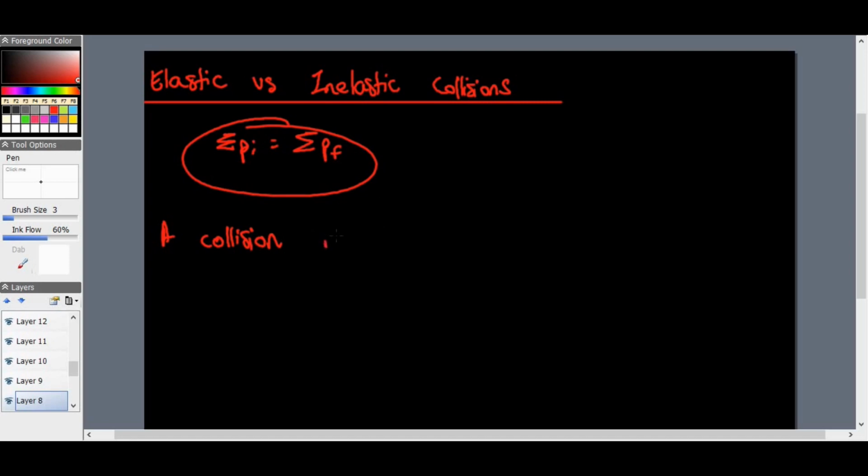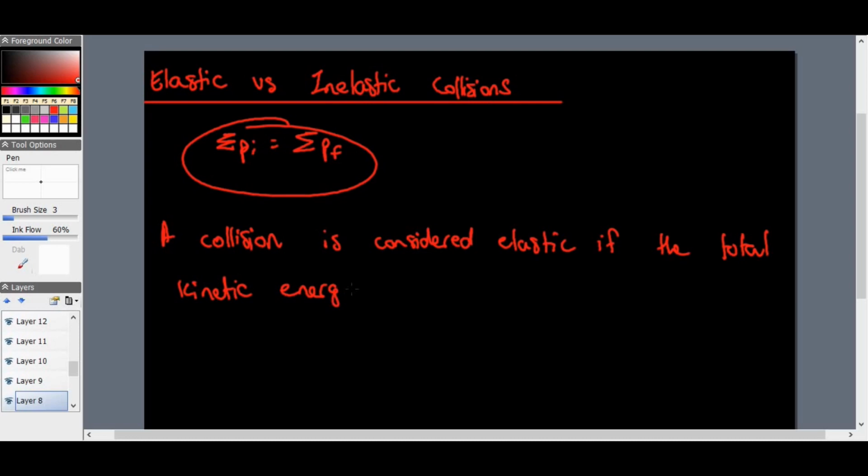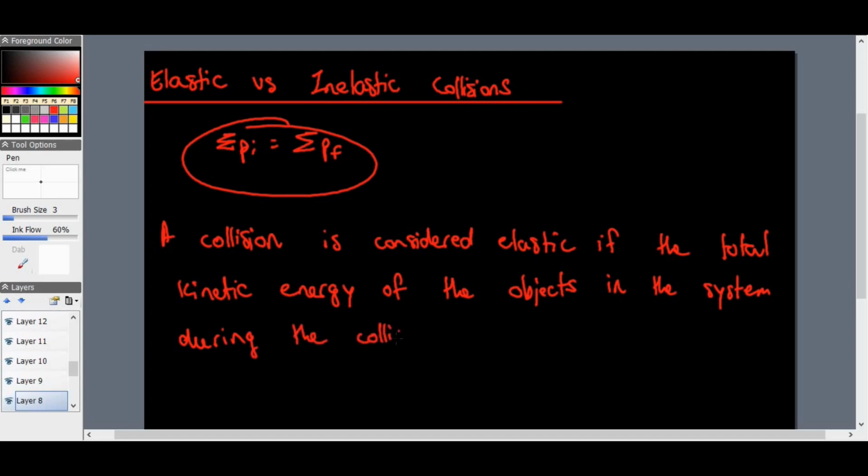A collision is considered elastic, if you don't know this or have forgotten this, write this down, if the total kinetic energy of the objects in the system during the collision is conserved or kept constant.